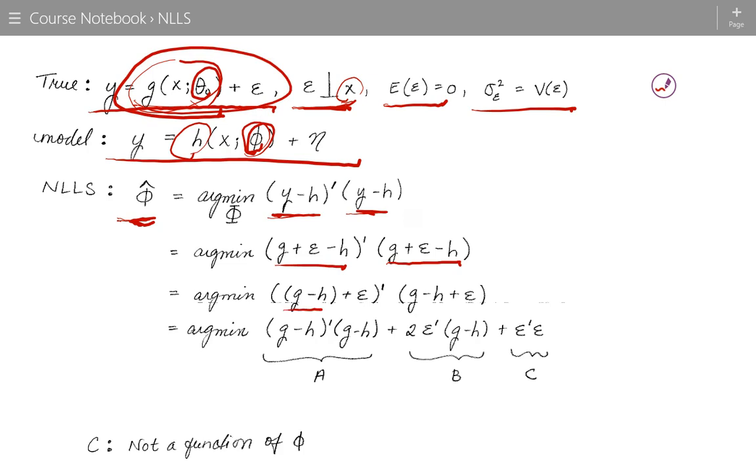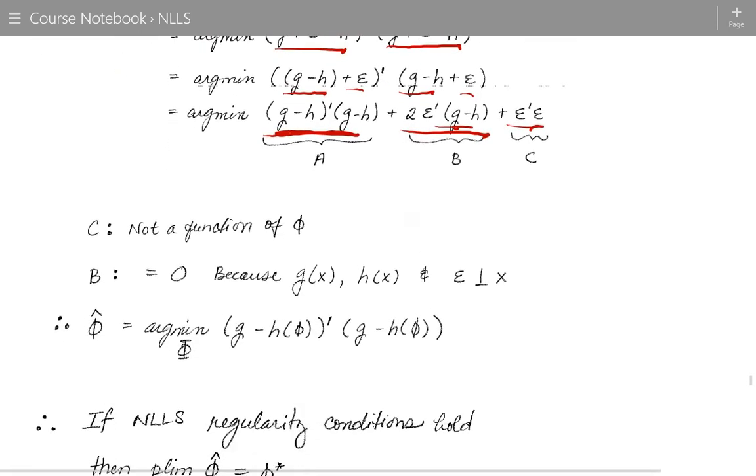We're minimizing g minus h, the difference between the two models, plus epsilon, the sum of the square of that, which is the same thing as saying that we are minimizing the square difference between the two models, plus 2 times the error terms times the difference, and then the sum of squared error.